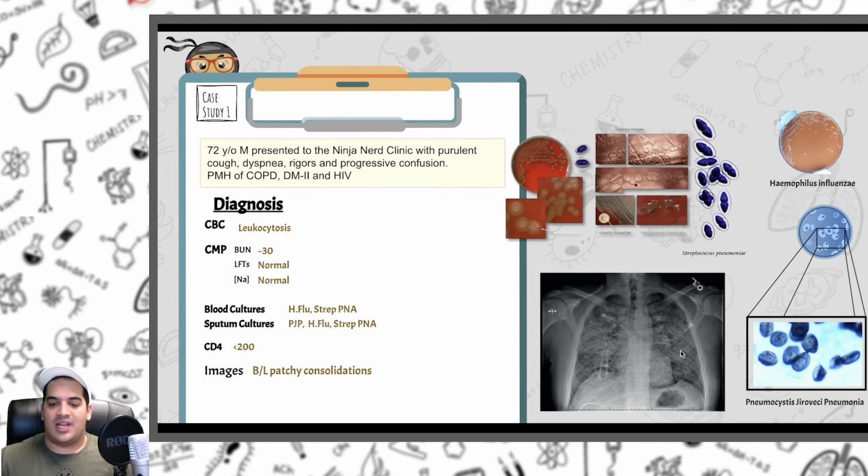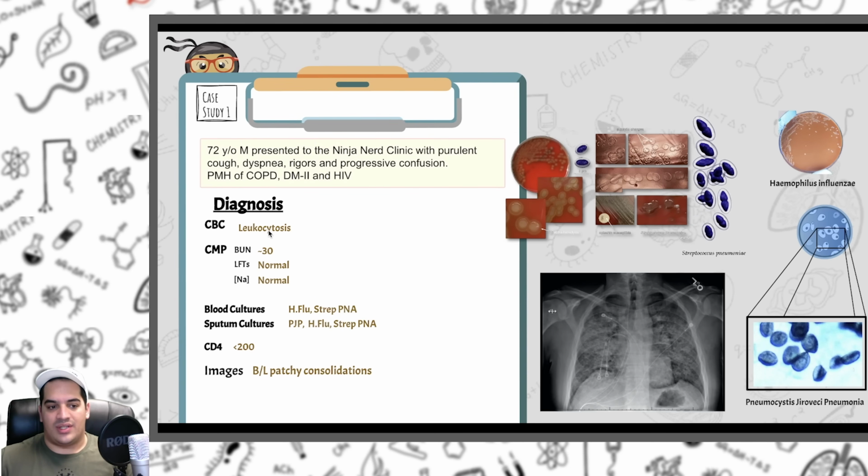So this woman has a lot of different problems here. What we're seeing is she has a bacterial infection, both bacteremic and pneumonic. She has HIV with a very, very low CD4 count, and she's definitely got bilateral patchy consolidation, supporting more of a bronchopneumonia type of finding.